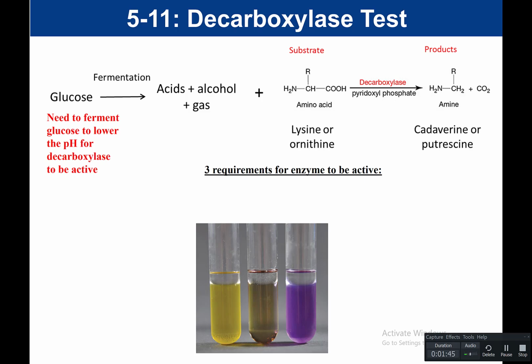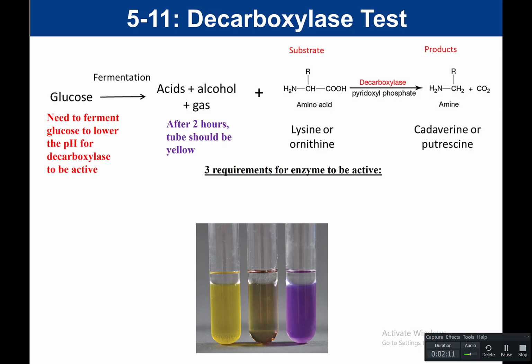When bacteria ferment glucose, they produce acids, alcohol, and gas. When those acids are produced, that lowers the pH. So if you were to look at these tubes at about 2 hours after incubation, the tube should be yellow. Remember that the yellow is acidic.